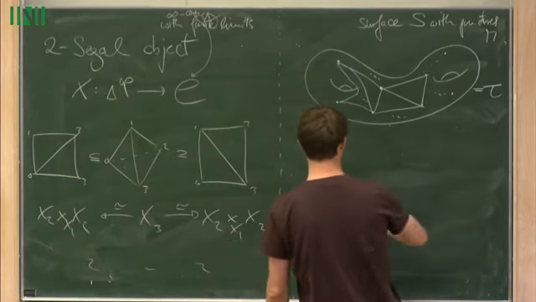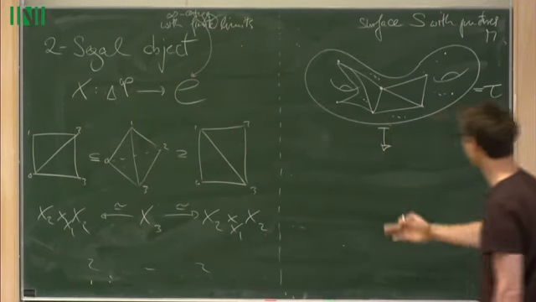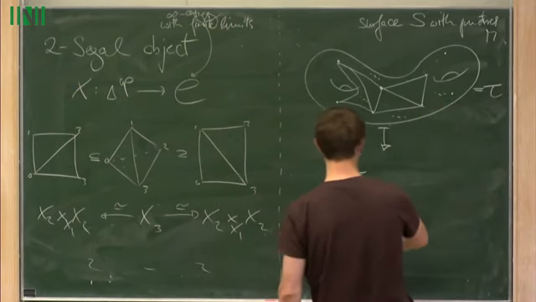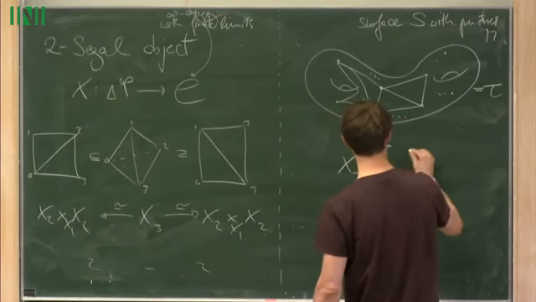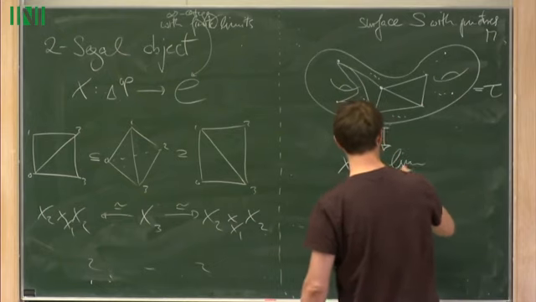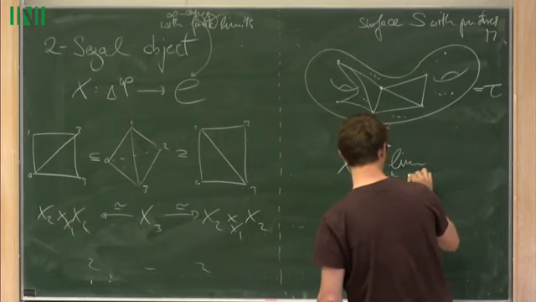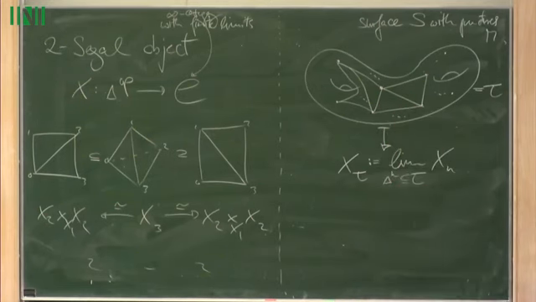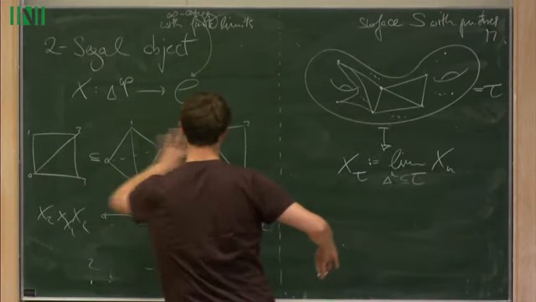So I try to define an invariant of the surface, defined by a formula of the following kind: X_T, which I'd like to define as a limit over all the simplices that actually appear in this triangulation, of X_n. This is what I'd like to define, and then I would hope that this is independent of the chosen triangulation, because I can apply this local move here.